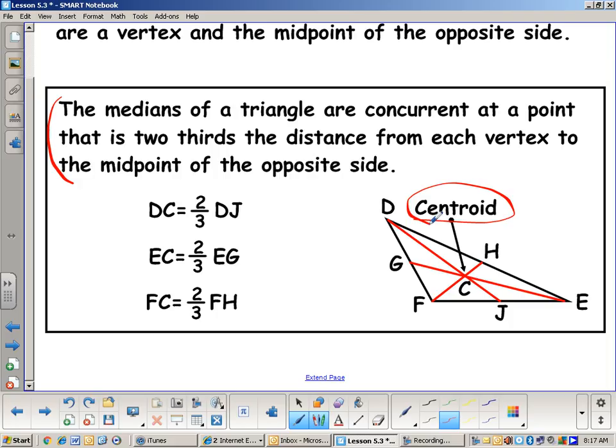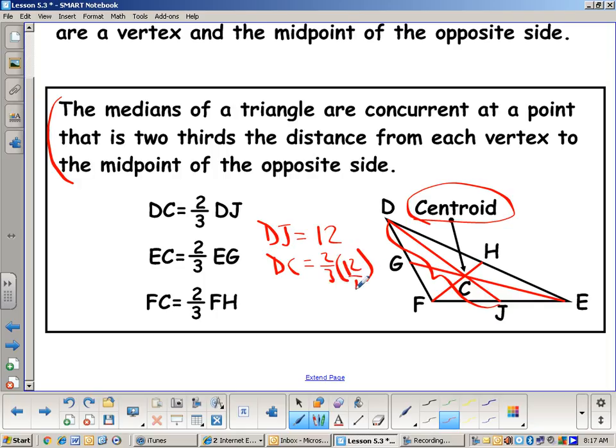That point is 2/3 the distance from each vertex. So that means if I know DJ is equal to 12, then that means DC is equal to 2/3 of 12.